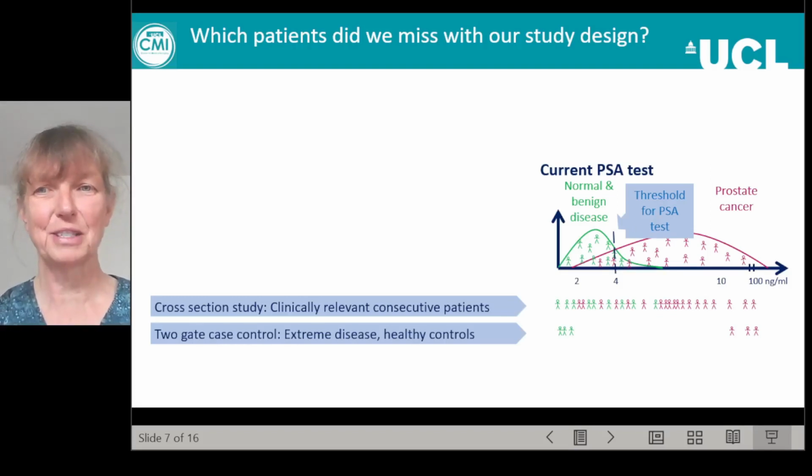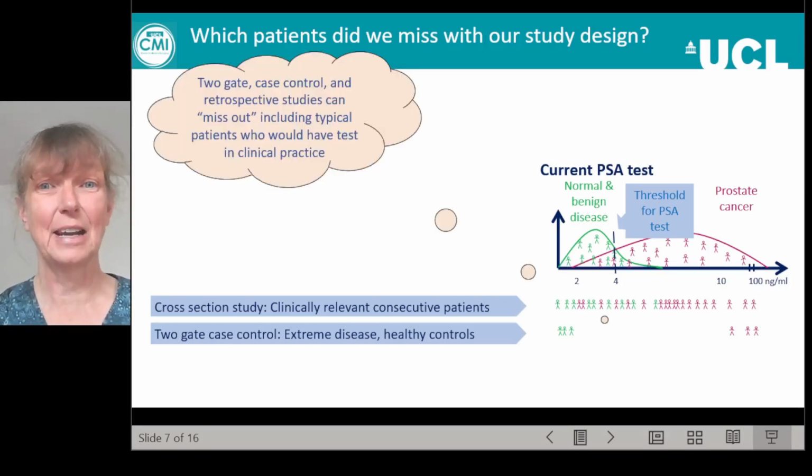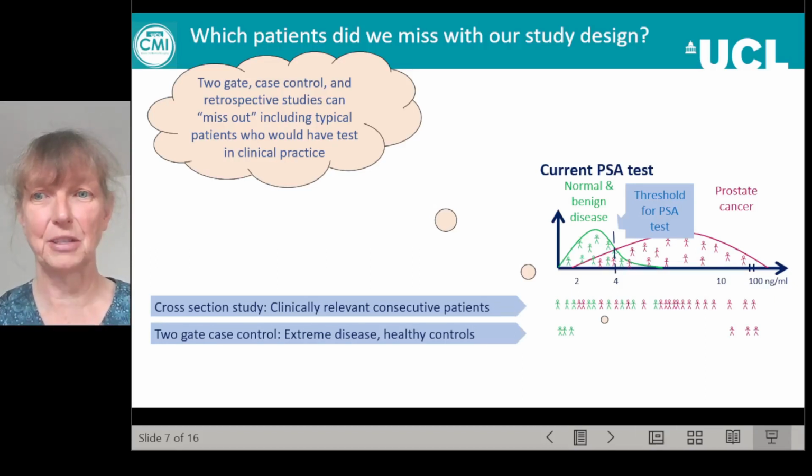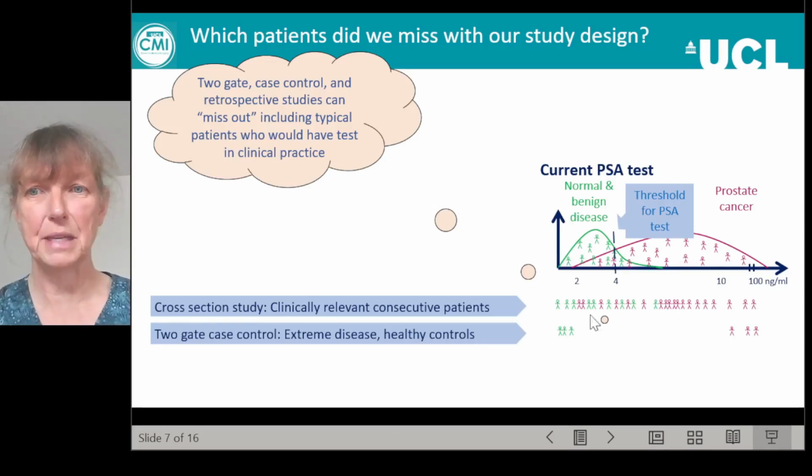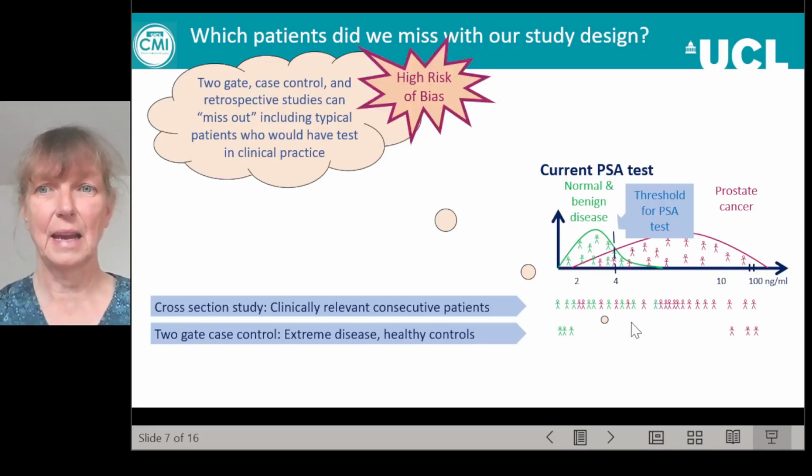Everyone gets a correct result. So, it's almost too good to be true, isn't it? And what you can see is we've actually missed out on a lot of patients in the middle. So these patients in the middle are missing, and that makes the study at high risk of bias.